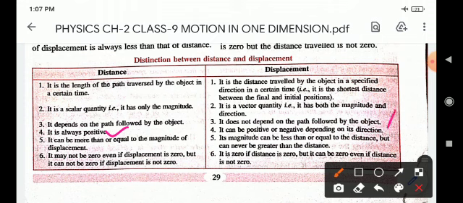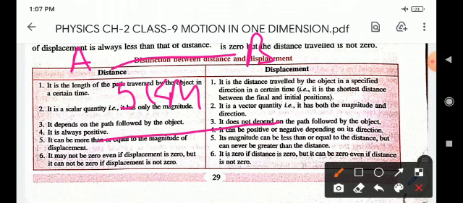For example, if a car moves from position A to position B, 5 kilometer, and it returns from position B to position C, that is 10 kilometer.